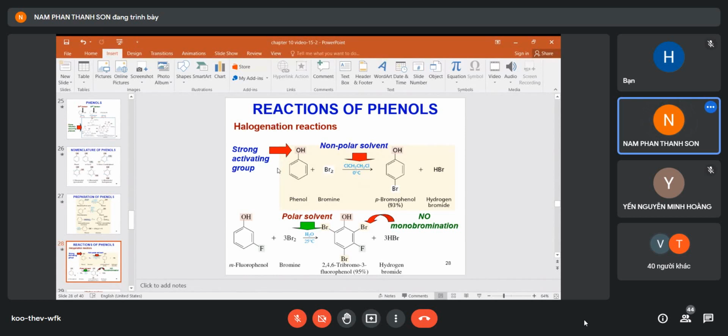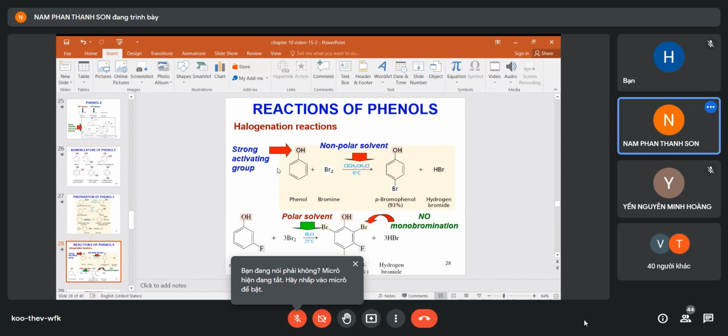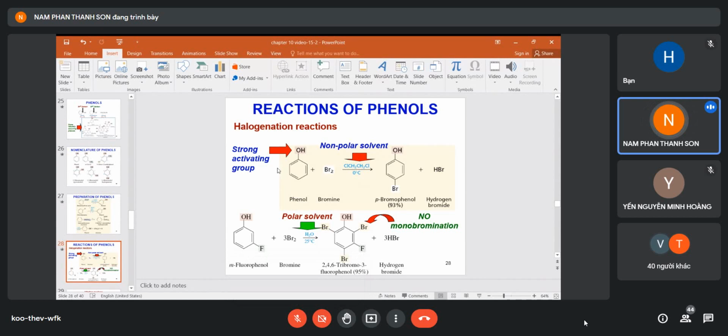So it's easier for phenol to join the electrophilic substitution reaction. For the bromination, we don't need to use any catalyst, because the benzene ring in phenol is very reactive.